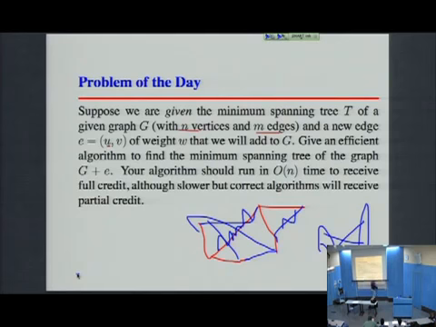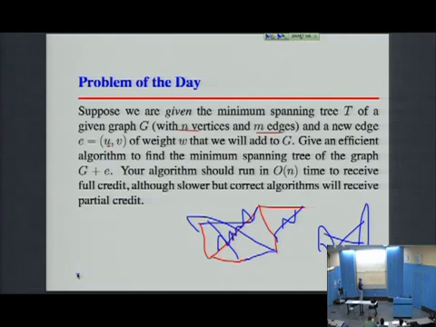So, suppose I've got a minimum spanning tree like this. Here is my minimum spanning tree. If we delete this edge, you're saying I only need to consider edges that go from this vertex potentially or from this one potentially.